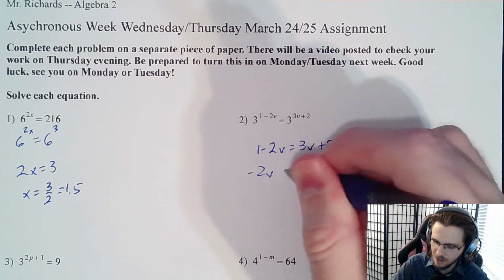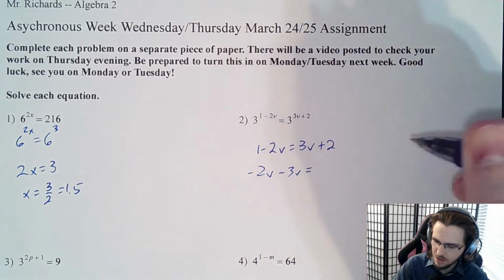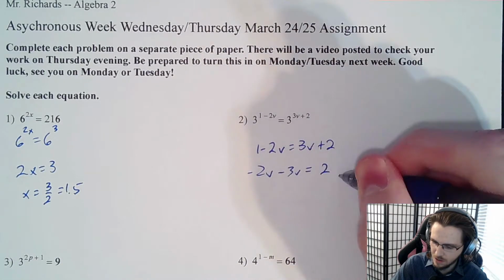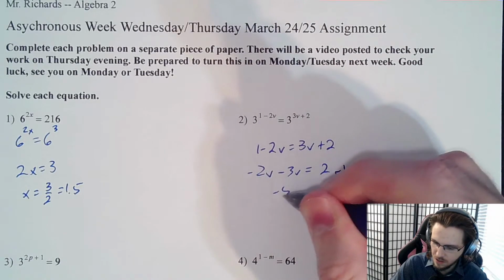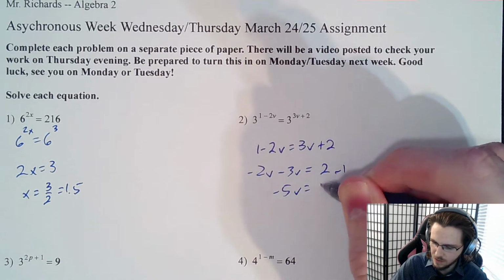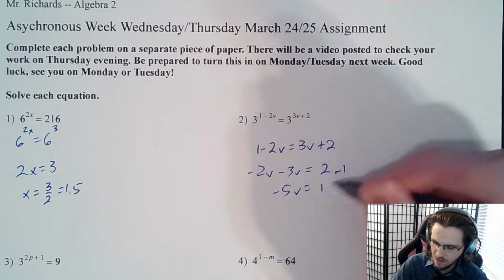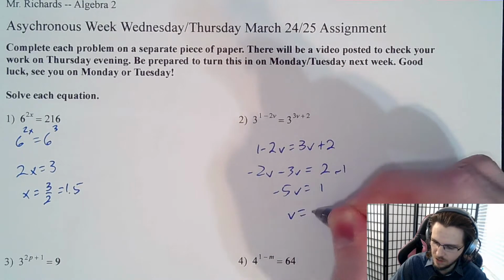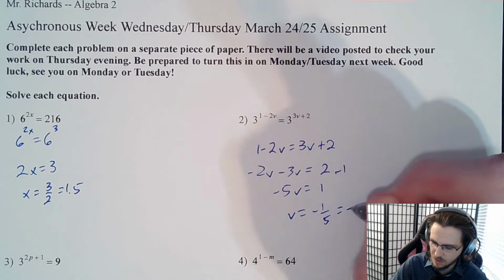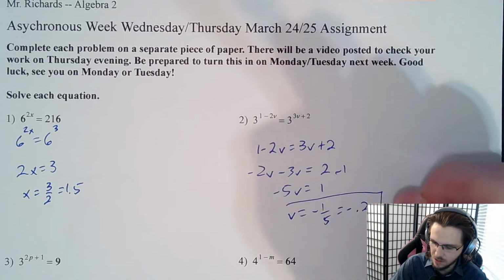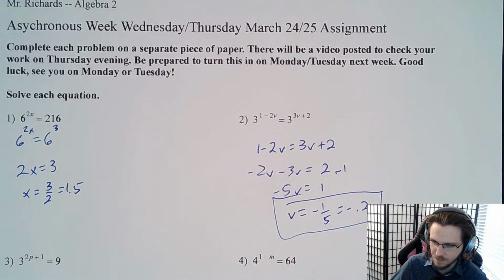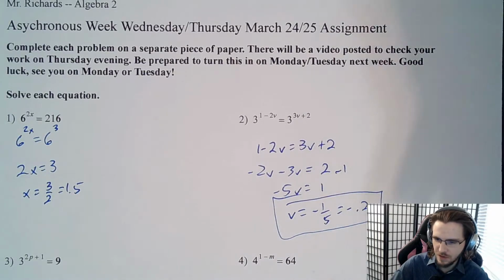So negative 2v minus 3v equals, keep that 2 there, minus 1. Negative 5v equals 1. Divide both sides by negative 5. v equals, you can write the fraction answer or the decimal answer. Same exact thing.